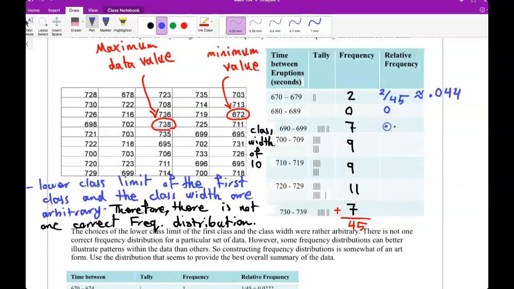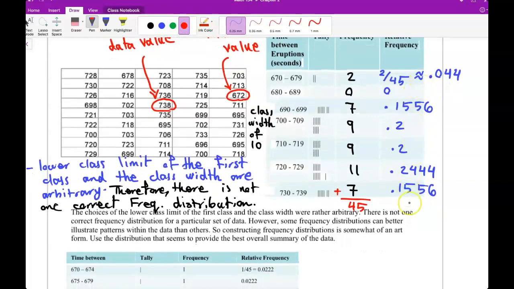Here I got 0.1556, 0.2 or 0.20. Here again 0.2, 0.2444, and again the same as that one, 0.1556.